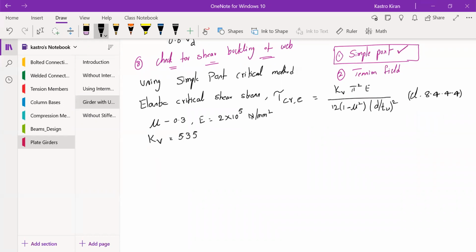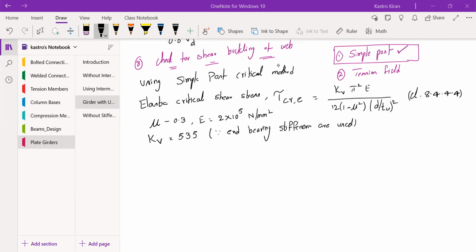Or you can write it is used when end bearing stiffeners are used. I have been telling you since the beginning of the problem that we are not going to use the intermediate transverse stiffeners for the design of this problem, because they haven't said anything about whether you have to use intermediate transverse stiffeners or not.